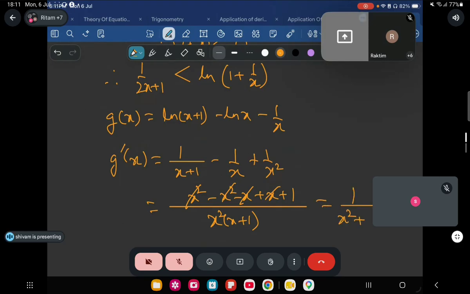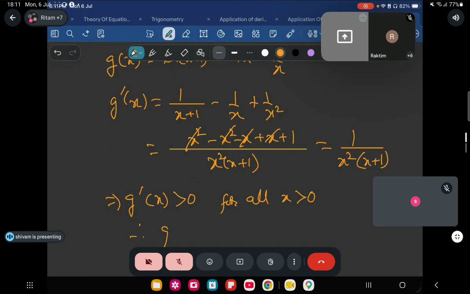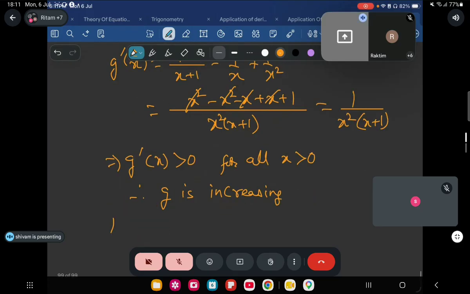Again, see g dash x, g is increasing, right? This implies g dash x is greater than 0 for all x greater than 0. Therefore, g is increasing. And once you saw that g is increasing, we can find out what will happen at infinity. Will it cross the x-axis or not?